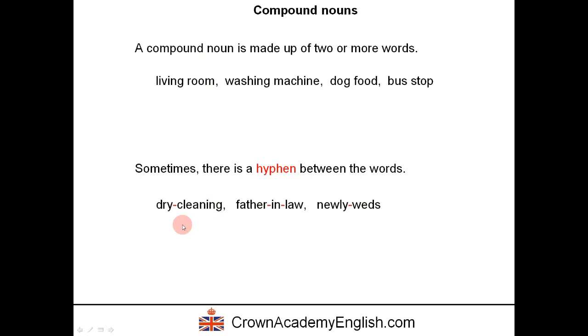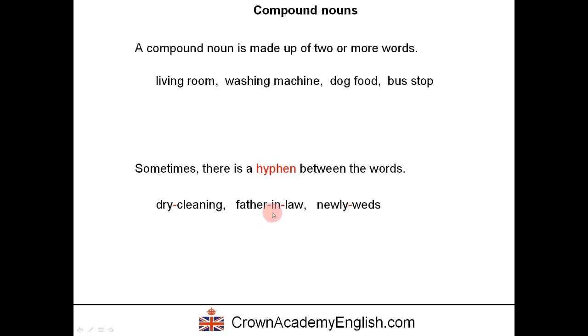So dry cleaning, this is the type of cleaning that is done with chemicals. So often you wash a suit. A man, you will wash his suit at the dry cleaners. Okay? Father-in-law.